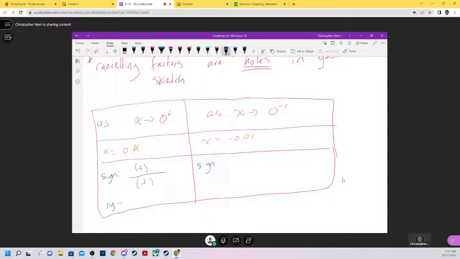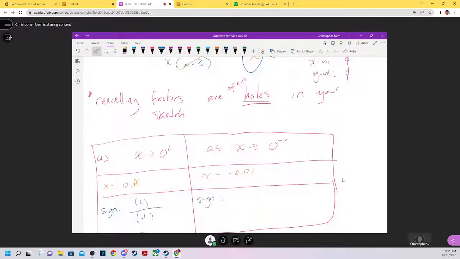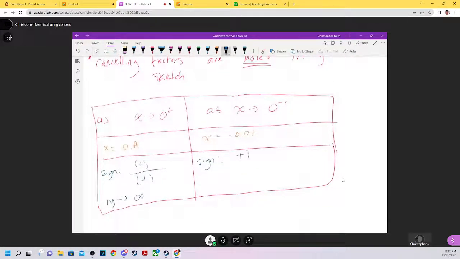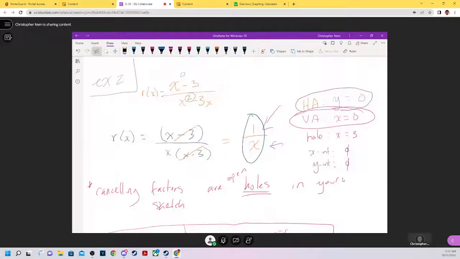So y approaches infinity. Now, if I do the sign for x approaches 0 from the left side, negative 0.001, well, the numerator is going to be positive still. But then my denominator is going to be negative, which means y approaches negative infinity. So we have a rough idea of how to sketch this already.